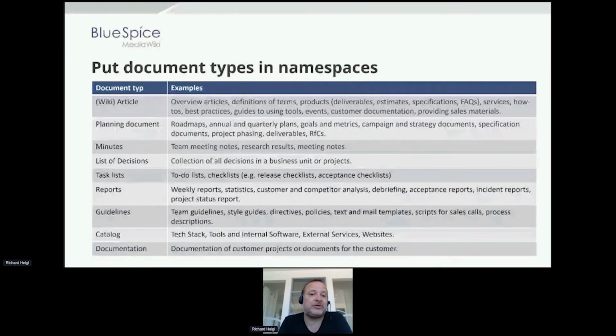What do most companies or organizations need? The classical article: overviews, definitions, descriptions of products, services, how-tos, best practices, whatever. That is where you just collect anything you want.